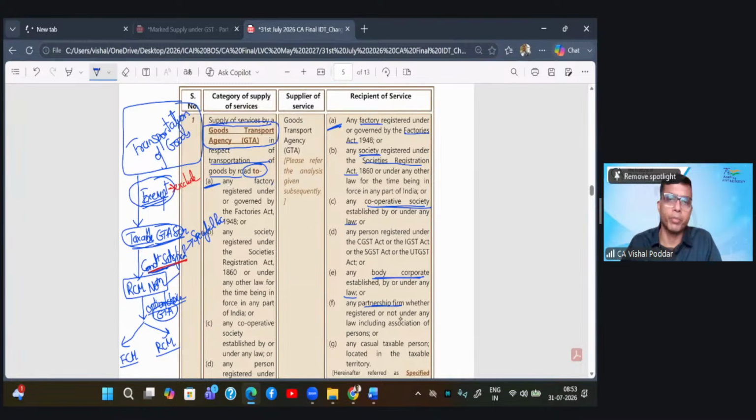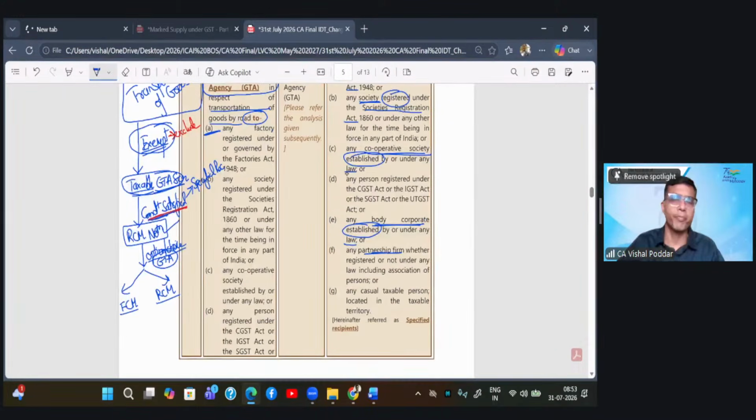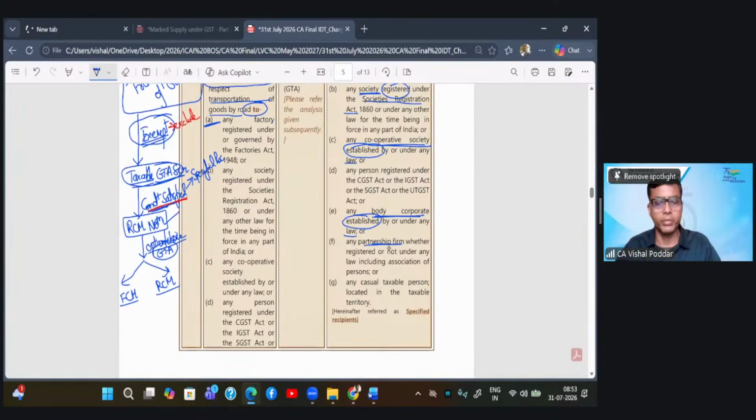So what the law has tried to cover in specified recipient are those entities which are governed by their specific laws. Once these entities get registered under their specific laws, the moment they get registered or established or set up under their specific laws, they become the specified recipient.